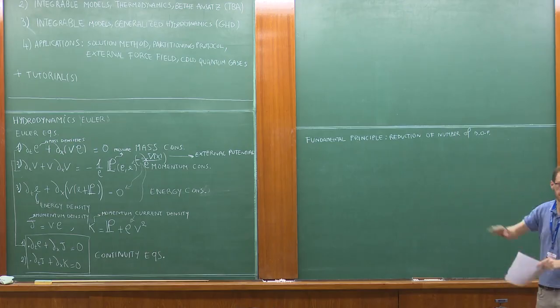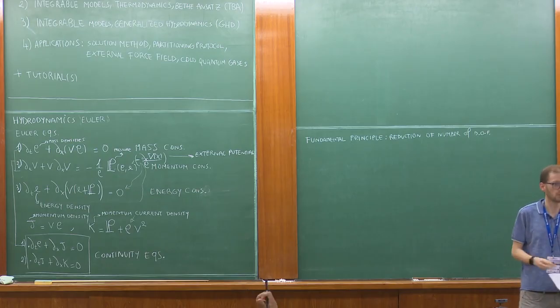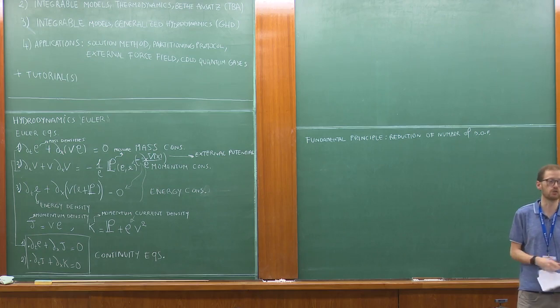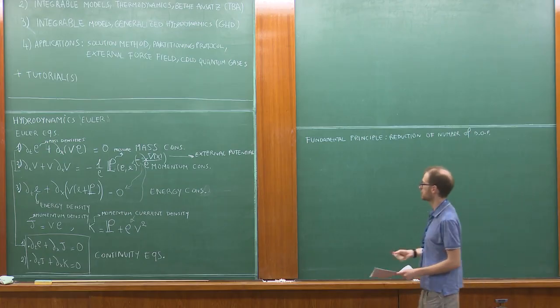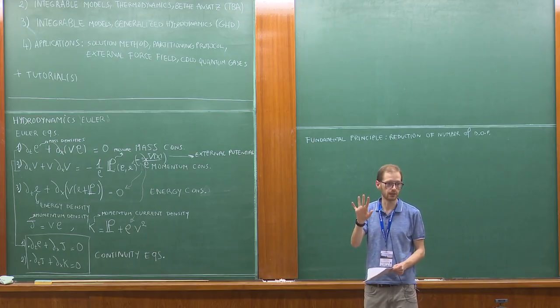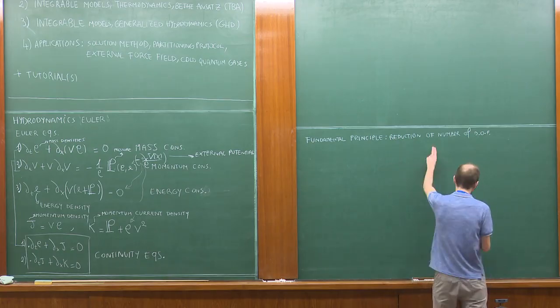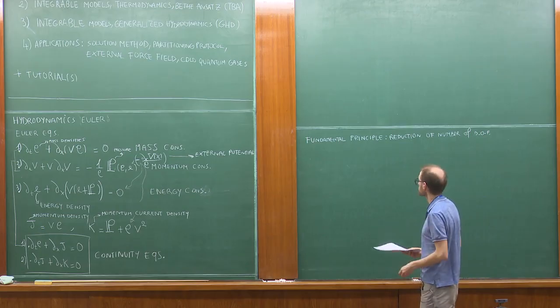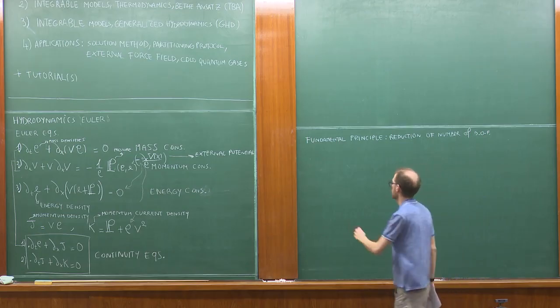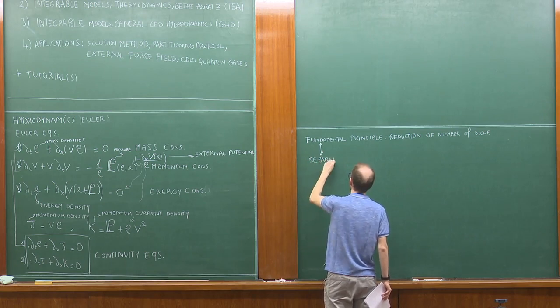Because you see that you start from a dynamics which describes a large number of particles, so in principle Avogadro's number, 10 to the 23, so you would need 10 to the 23 times 2, for velocity and momentum of each particle, so a large number of microscopic variables. But at large scales what you see is that you can describe it in terms of only 3: density, velocity, and energy density. So you pass from 10 to the 23 to 3, which is a lot. And this is a reduction of the number of degrees of freedom. And it relies, as we see, on the separation of space-time scales.